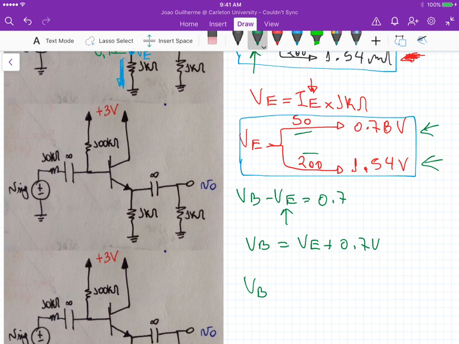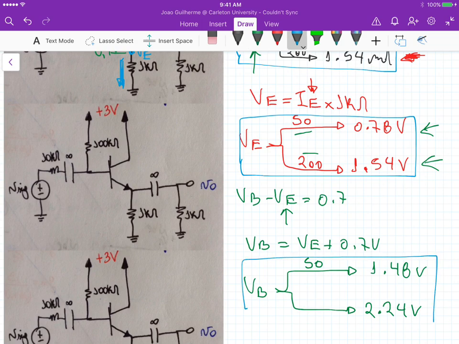For beta equal to 50, 0.78 plus 0.7, so it's 1.48. And 1.54 plus 0.7, that's 2.24 volts. So that's VB. Okay, so we found IE, VE, and VB, which were the unknowns for part A.